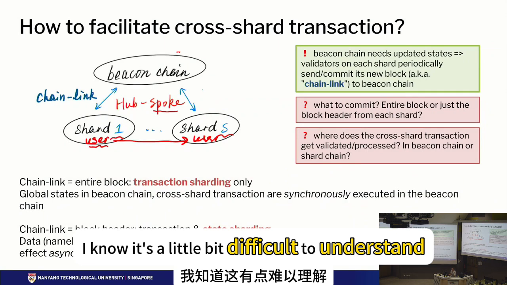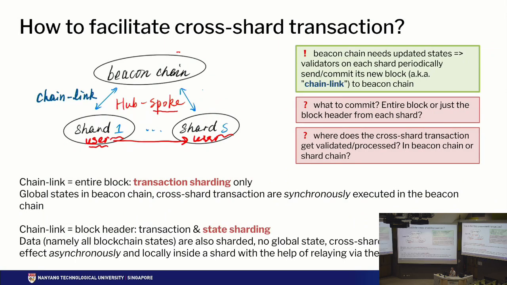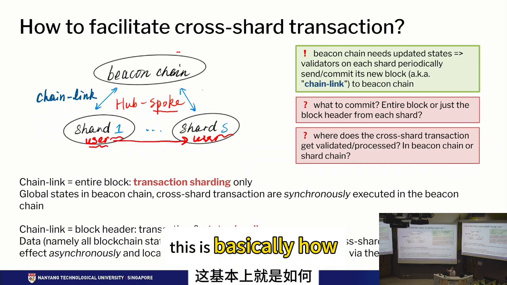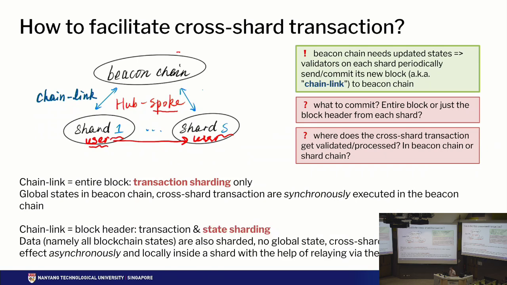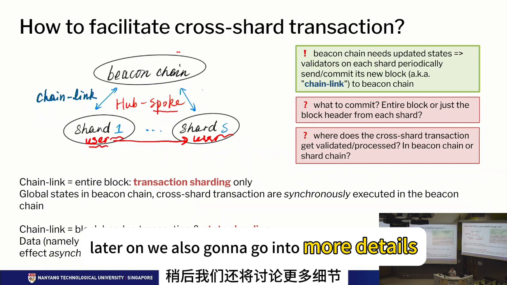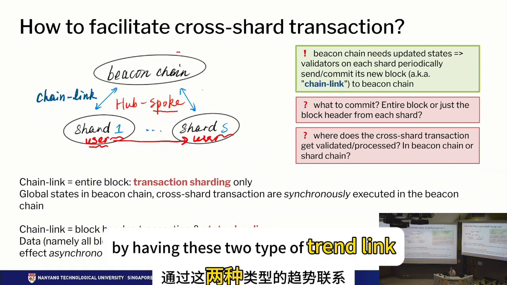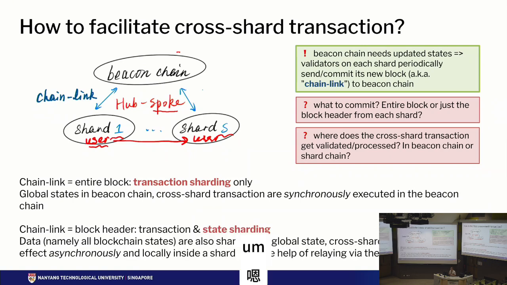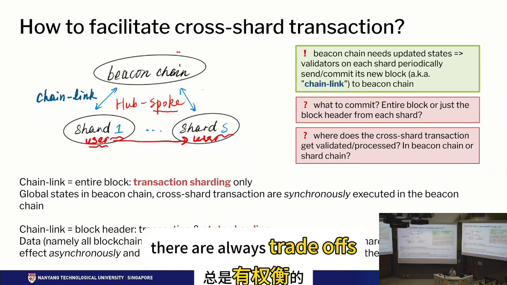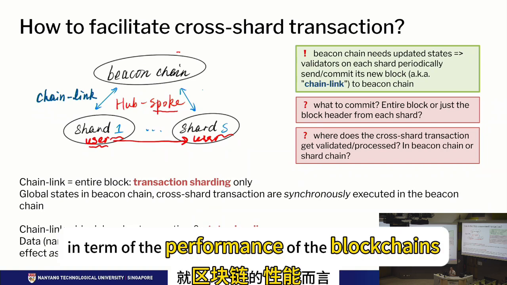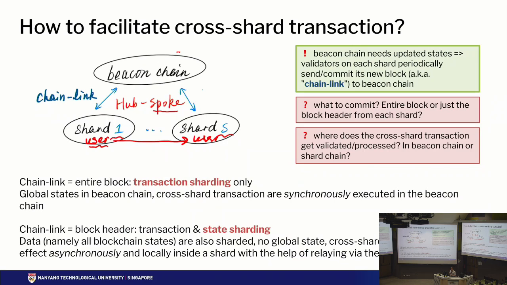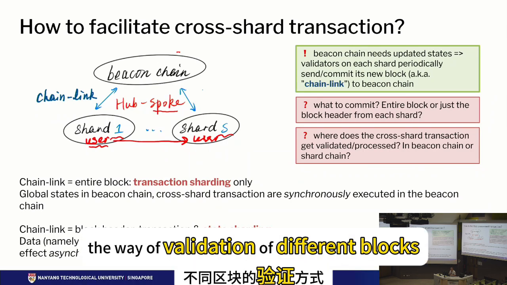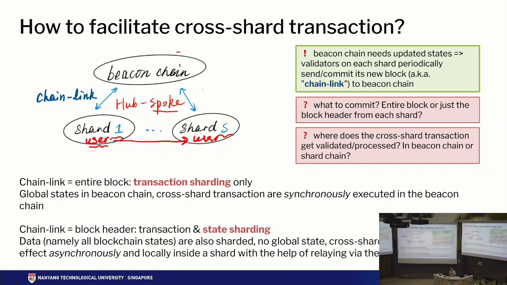I know it's a little bit difficult to understand. Later on we're also going to go into more detail. By having these two types of chain link, there are always trade-offs in terms of the performance of the blockchains and the way of validation of different blocks.